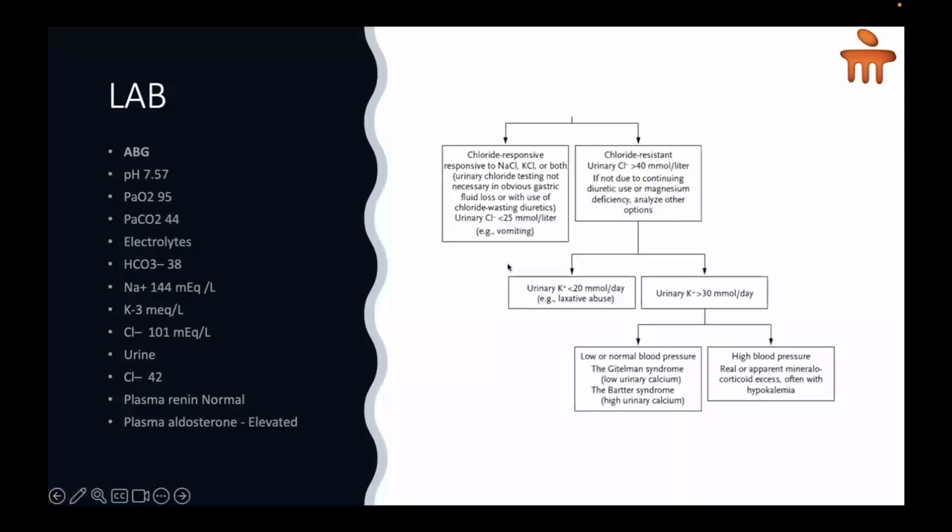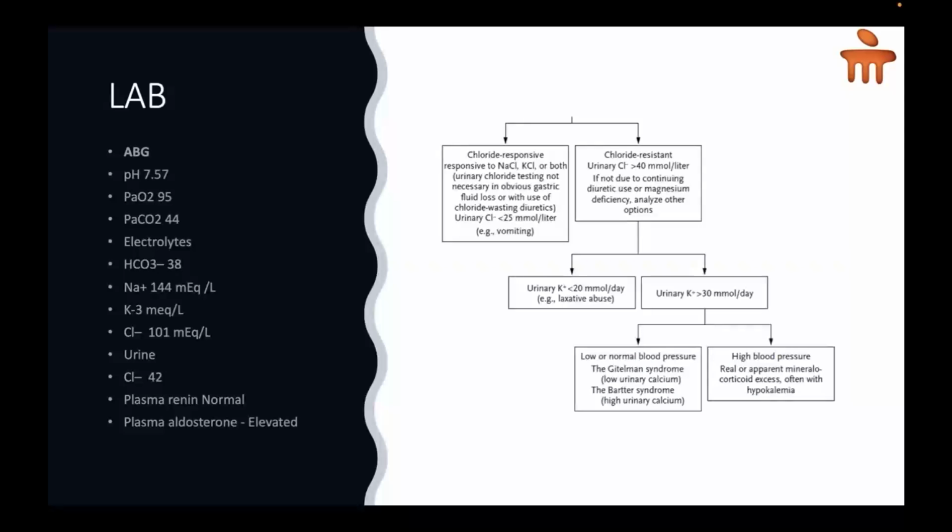Then for compensation, 0.7 into bicarb change plus 40, it will be 46. So it's compensated. Yes, very good. So compensated metabolic alkalosis. Then we have to see the urine chloride levels. It's 42, so it's chloride resistant.